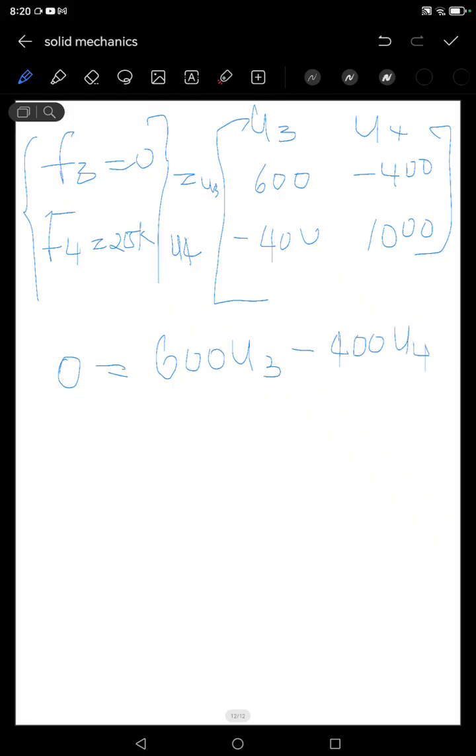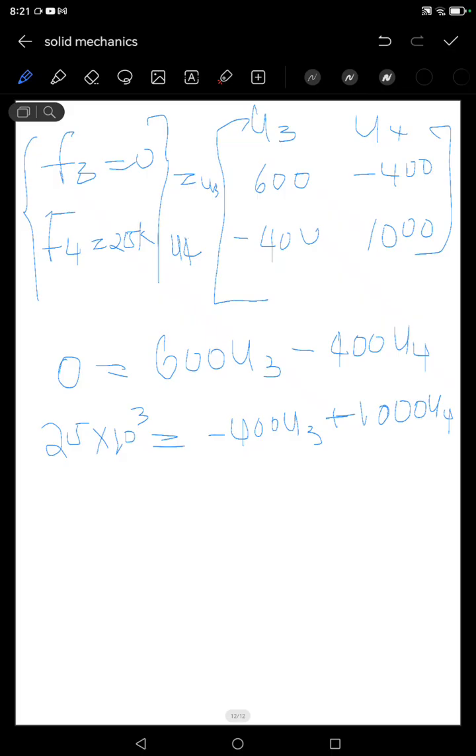And then F4, we have 25 kilonewtons, so it's going to be 25 multiplied by 10 to the power of 3 equals negative 400 U3, and then plus 1000 U4. Now we have these two equations.